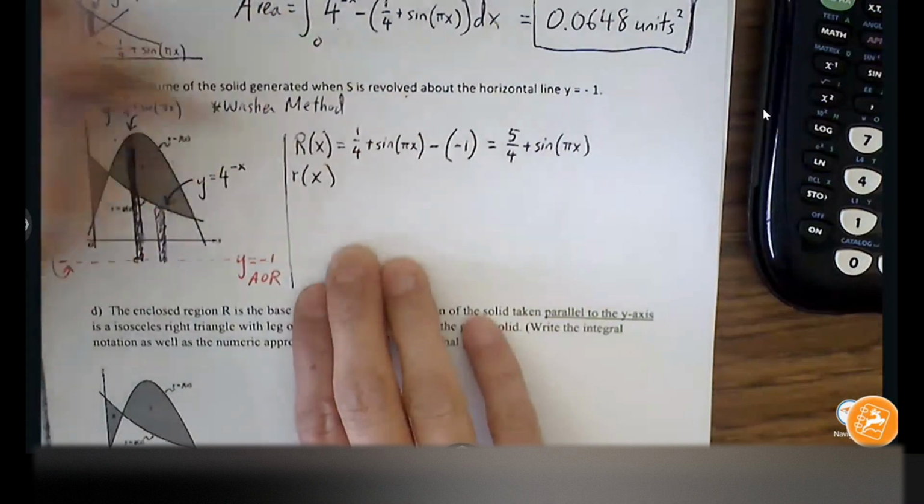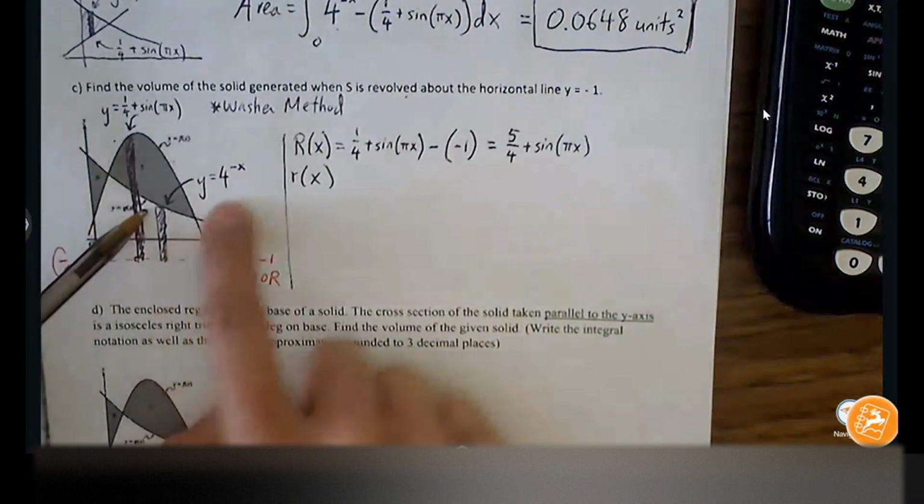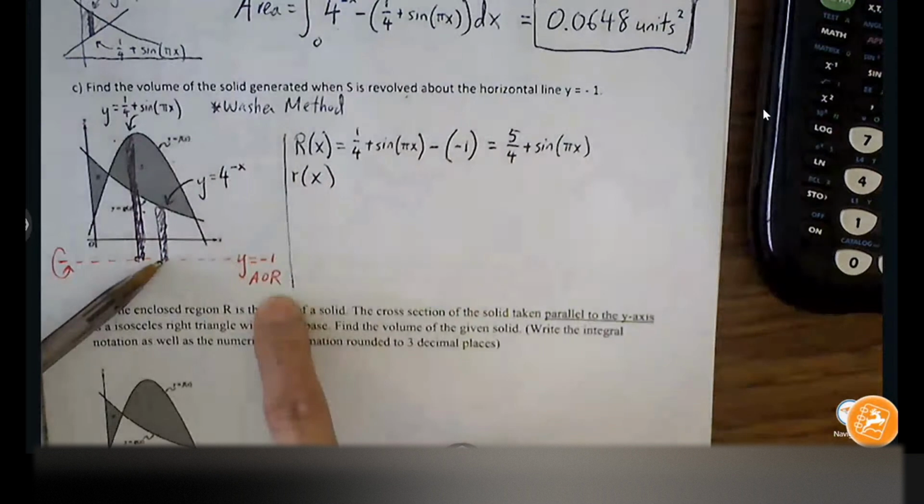All right, little radius. Top minus bottom. The top is sitting at the 4 to the -x. The bottom is sitting at the -1.